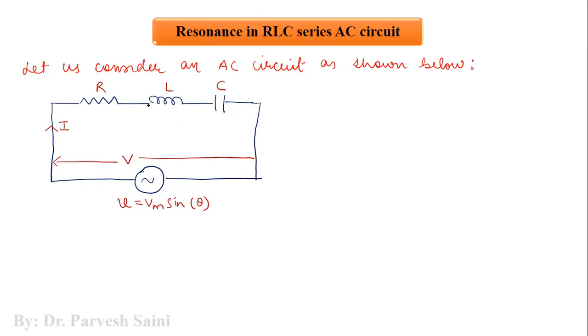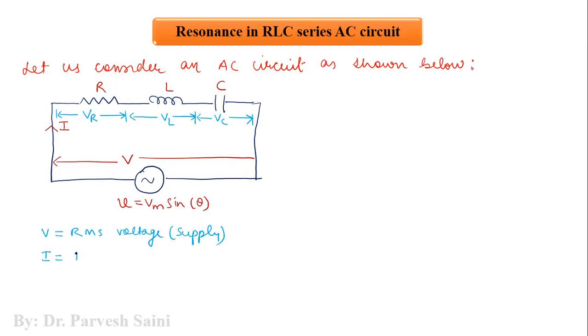Now this is an RLC series circuit, and in this we will have some voltage drop across each element. So it is VR, then we have VL, then we have VC, right? VR, VL, and VC. Now we'll write the parameters here. V is the RMS voltage, and this is the supply voltage.